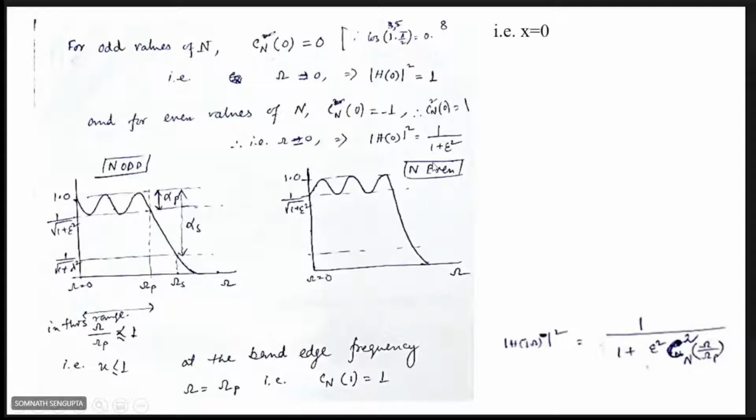It is explained here. The passband gain is alpha p at passband frequency omega p, and the stop band gain is alpha s at stop band frequency omega s.